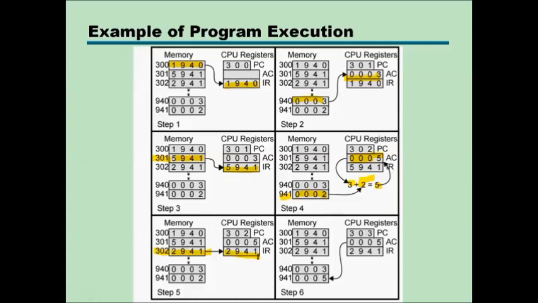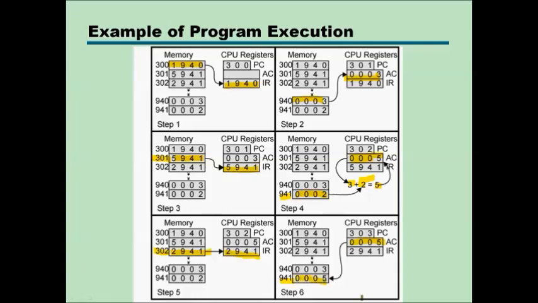Step 5. Step 6. Okay, now the memory here from the AC is 005. Since the last part of the memory here is 941, you are to pass the output or the result from the CPU register, which is 0005. So that's why from step 6, the memory in 941 is 005.